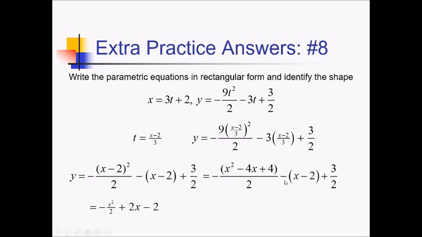Over here, this is going to be distributing a negative: minus x plus 2. Still have the 3 halves. And then finally, the negative 2 and the 2 can cancel. We have 2x minus x, which is just x. We have x squared over 2. Negative that is not going to change. So when the dust settles, we have negative x squared over 2 plus x plus 3 halves. After all that work, we see that this is definitely a parabola.